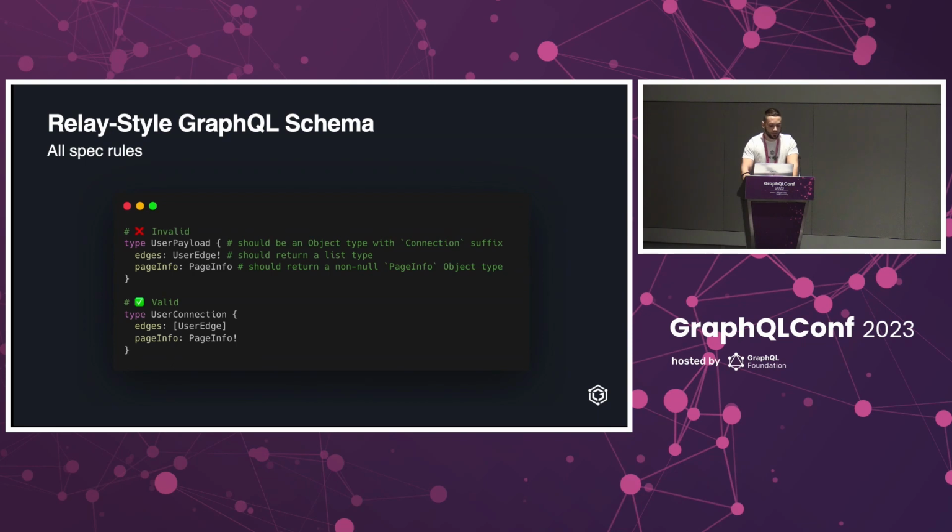GraphQL ESLint has 4 rules and implements the full specification of Relay style guides.